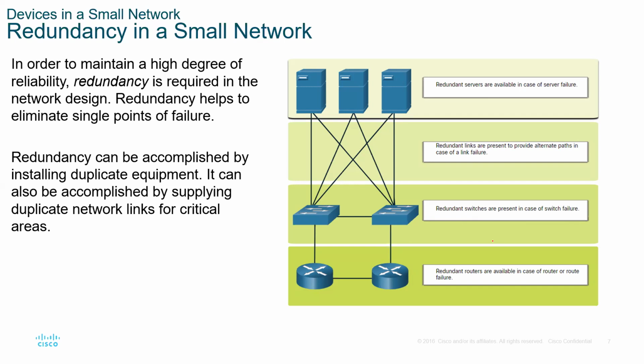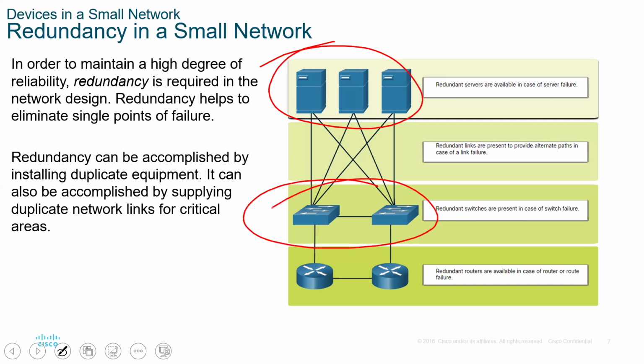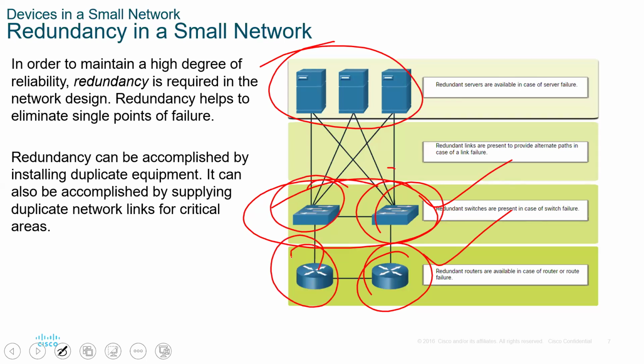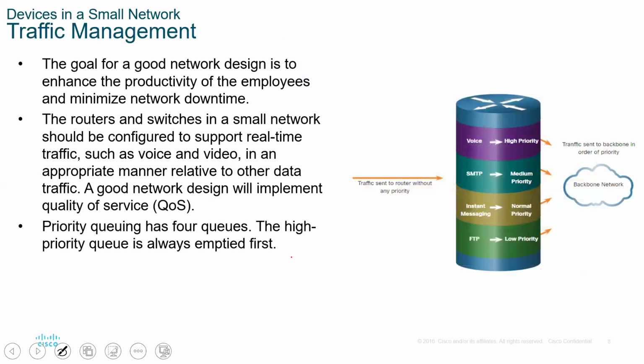These may be your servers where your applications or services are sitting. All you need is one switch and one router, and you are fine. But because of redundancy, you have two, so that in case one fails, the other one can take over.